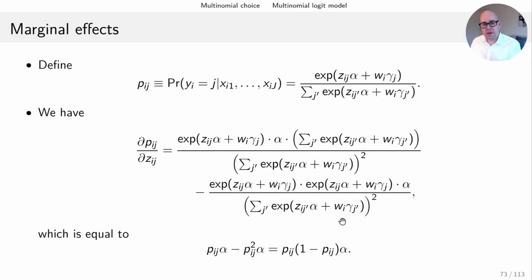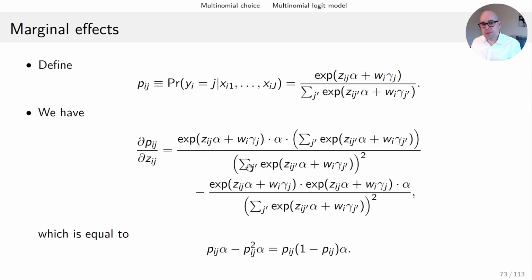Now, once one looks at this, we can do something that parallels what we have done for the binary logit model, which is to write this in terms of choice probabilities. You see here that the original denominator is squared. So one of these terms actually cancels with this term here.